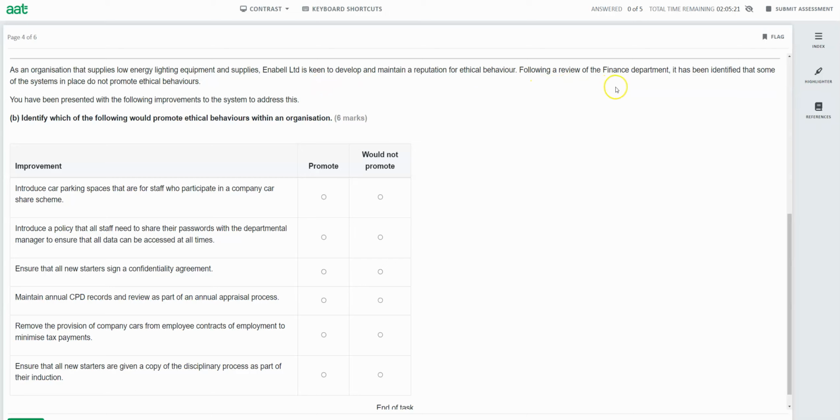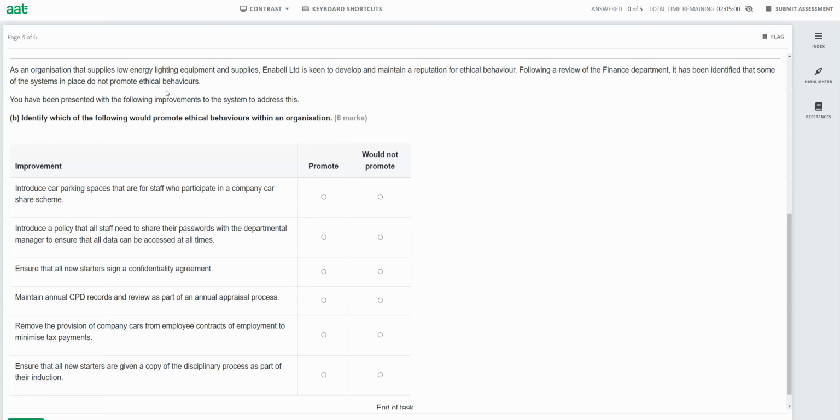Following a review of the finance department, it has been identified that some of the systems in place do not promote ethical behavior. When a question comes on ethical behavior, remember that one question will definitely be in the exam on ethics, and ethical behavior is one of the important ones.